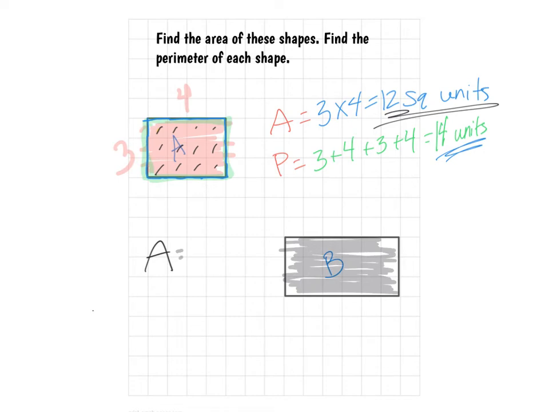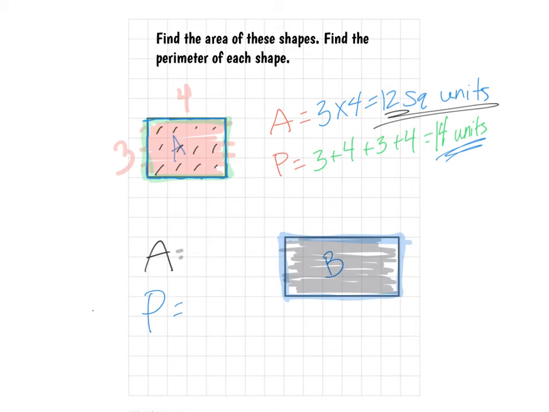And then your perimeter is your outside. So go ahead and figure out your area and your perimeter for shape B. And then type those answers into the Edpuzzle.